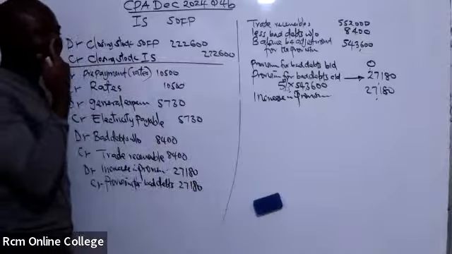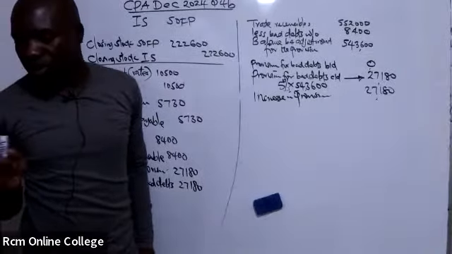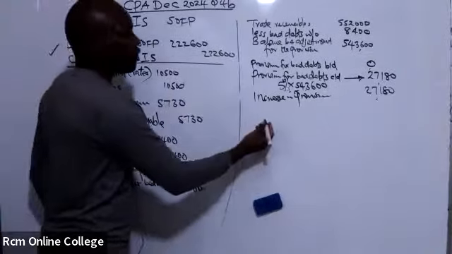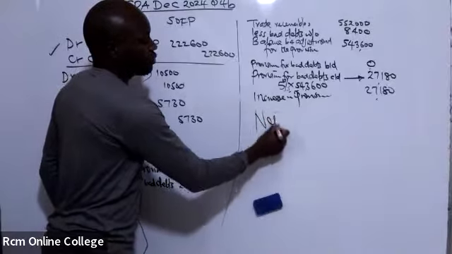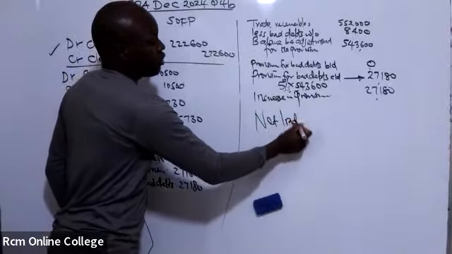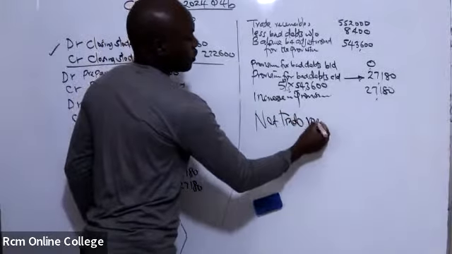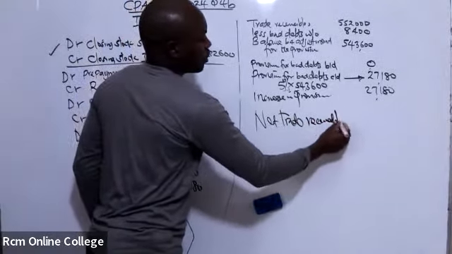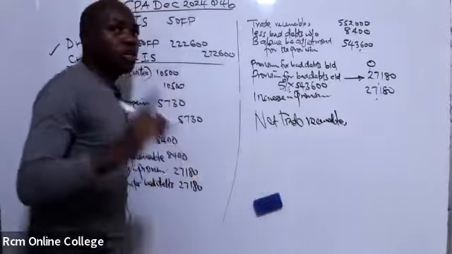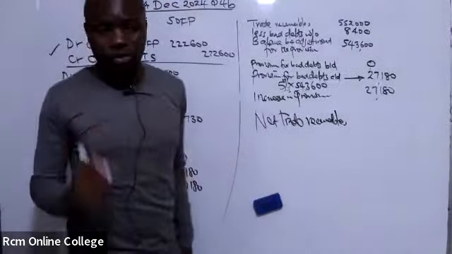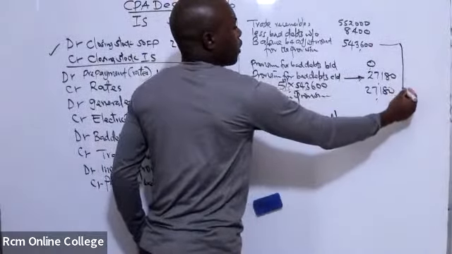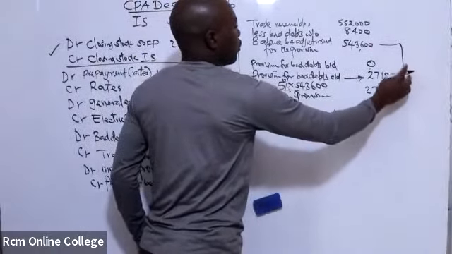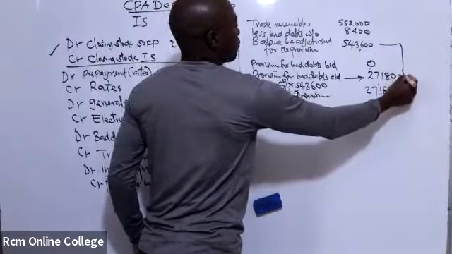Can we try and now get the net trade receivables that we are going to record in the statement of financial position? Net trade receivables we are going to record in the statement of financial position will be the adjusted balance, right? Then we less the closing provision, right?